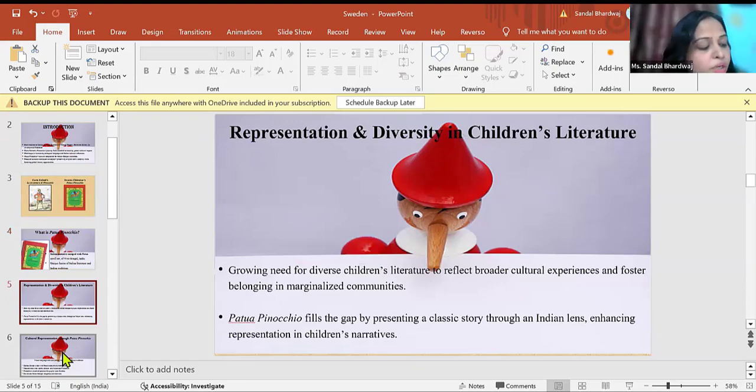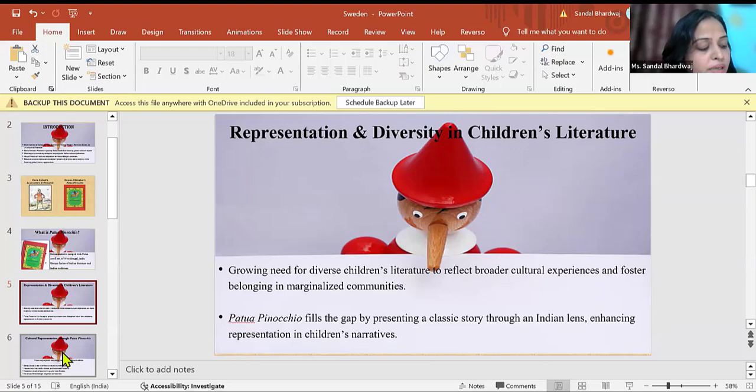Children's literature has historically been dominated by Western narratives, such as those of the Brothers Grimm or Hans Christian Andersen. However, there is a growing need for stories that reflect a broader spectrum of cultural experiences. Despite the demand, translation of children's books from non-Western languages into English remains scarce.